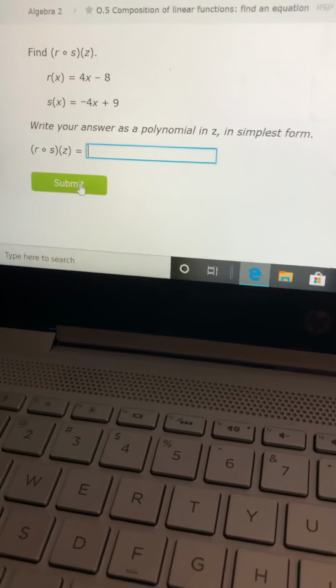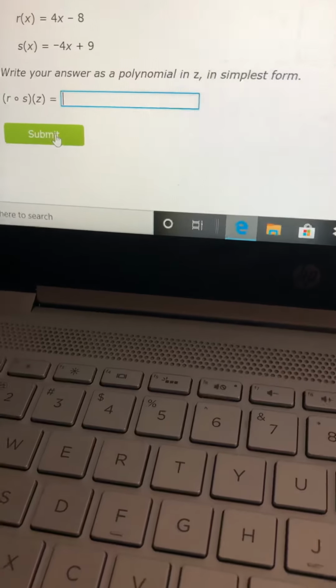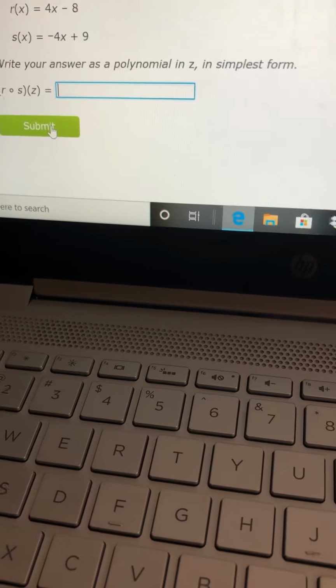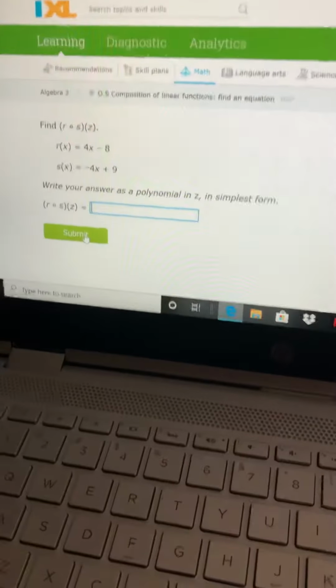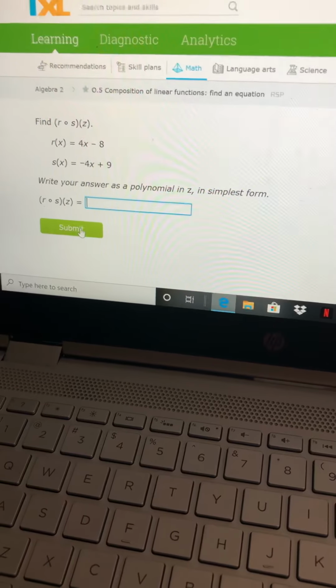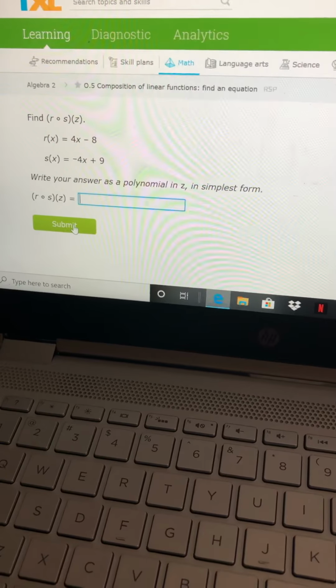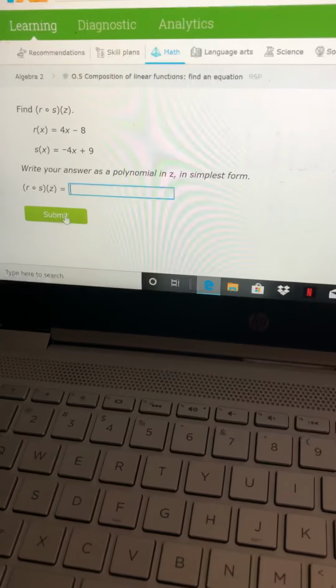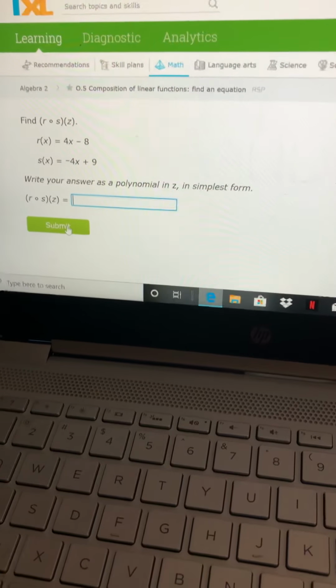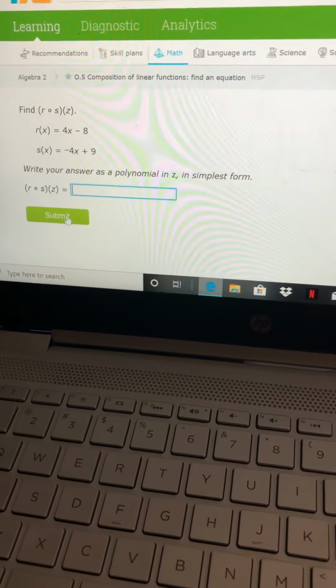Alright, this one says R of S of Z. So R of S of Z, I'm just going to leave it as X at first. So the first function says R of X equals 4X subtract 8. And the second one says S of X is equal to negative 4X plus 9. So I go over here and rewrote it.